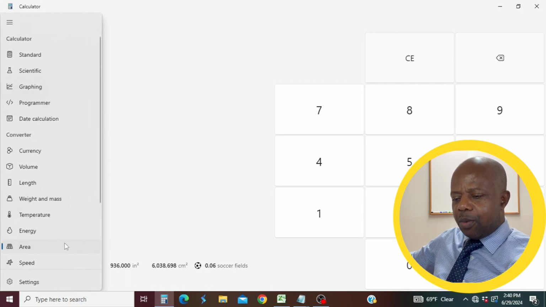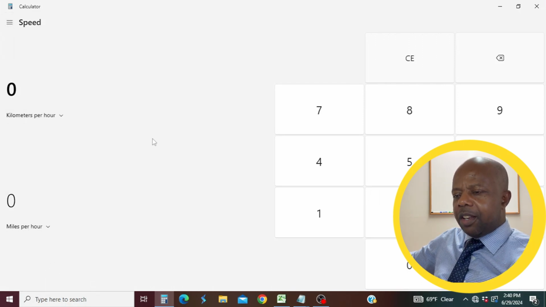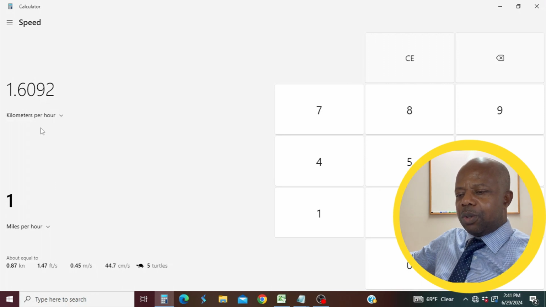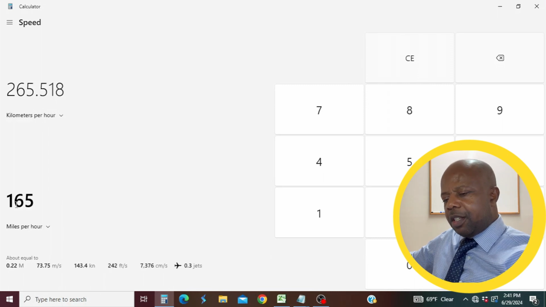All right, so then we can move to speed. Some parts of the world use kilometers per hour. Some people use miles per hour. So 1 mile per hour will be equal to 1.6092 kilometers per hour. Let's say the speed limit is 65.